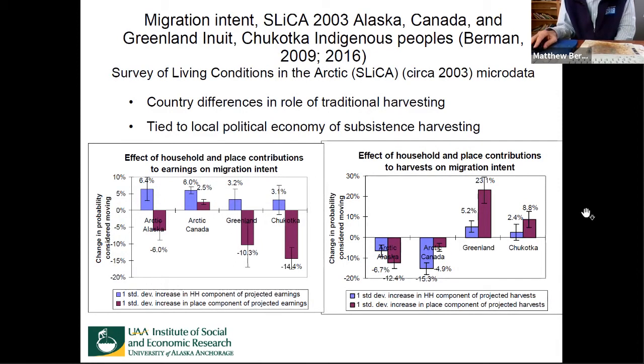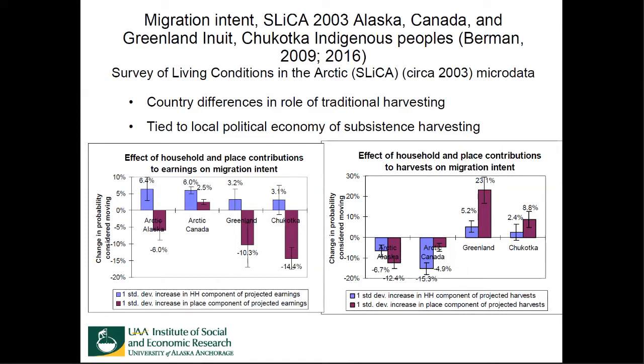Okay, next slide, please. And so this is about, where do we get the information on subsistence harvesting? Well, that comes from the Survey of Living Conditions in the Arctic, which is a survey sponsored by the National Science Foundation in the United States, but in Canada it also had funding from the SSHRC, the Social Science and Humanities Research Council, and from Greenland, and in the Scandinavian countries, actually in Europe.